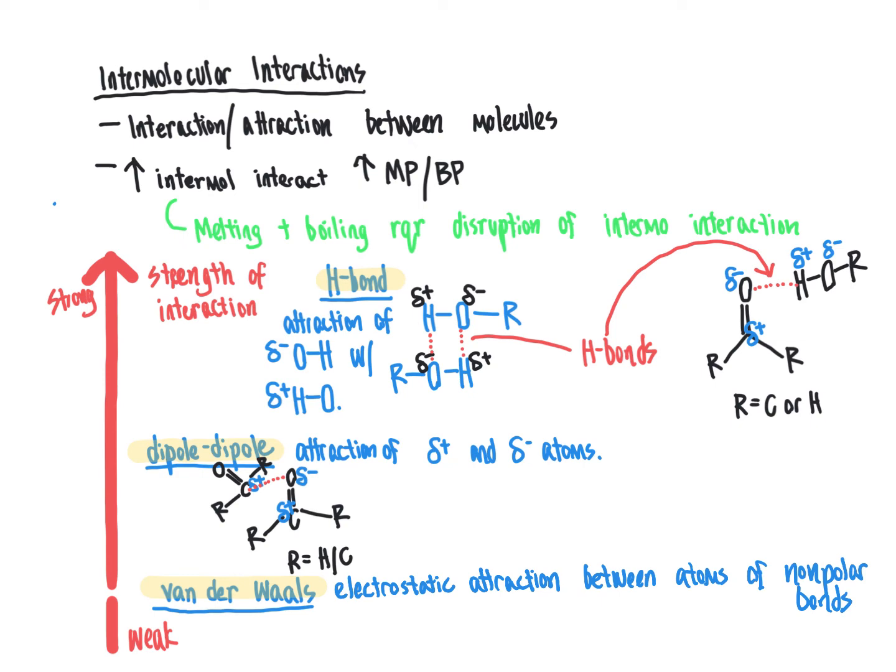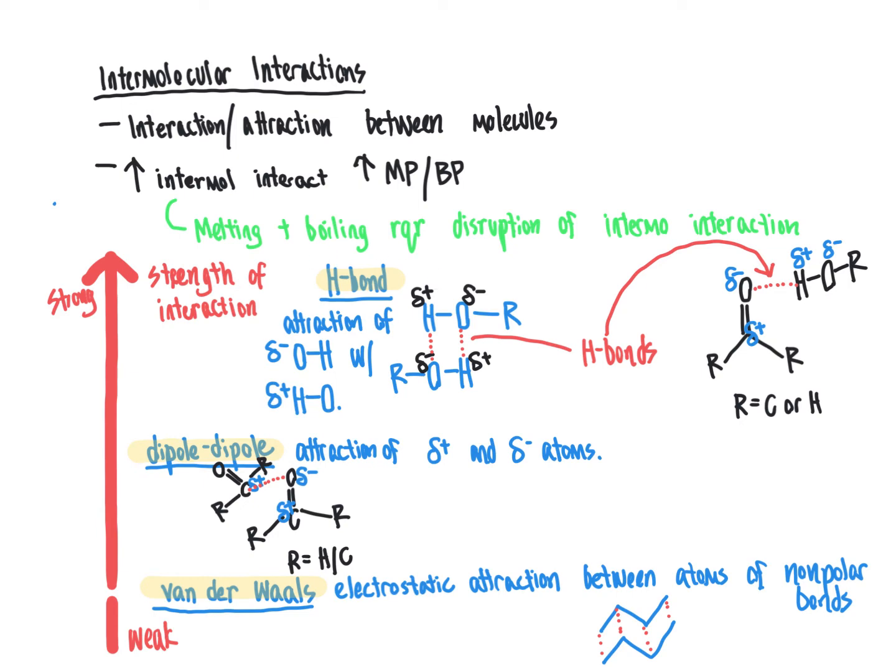So in the case, for example, of alkanes, if we had a couple of different 4-carbon alkanes here, there are van der Waals forces that attract these molecules electrostatically to one another, but this particular interaction is weak relative to dipole-dipole interactions or hydrogen bonding interactions.